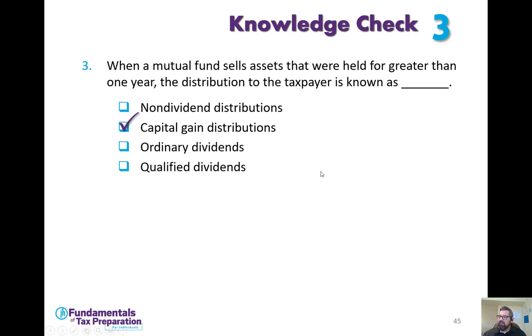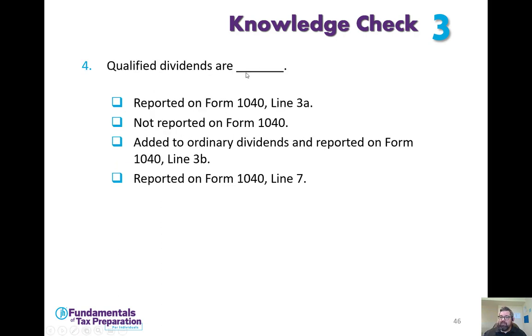Buy something for X, sell it at Y. As long as Y is greater than X, then that's a capital gain. Qualified dividends are reported on line 3A of the 1040. Profiler is going to do that for you, so you don't have to worry about it aside from maybe this assessment.